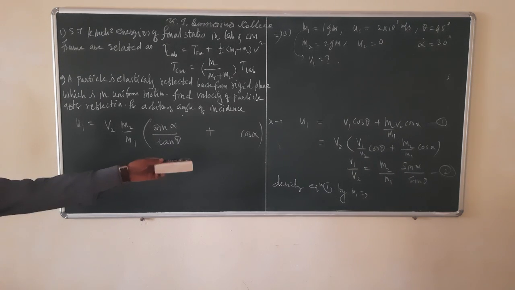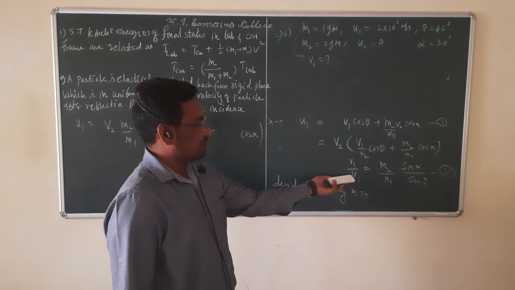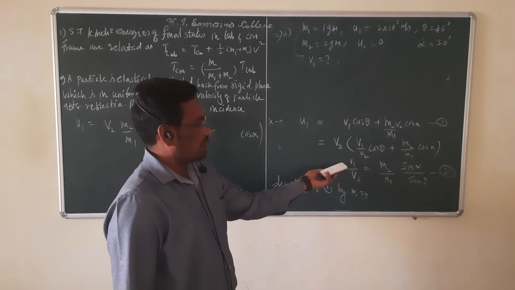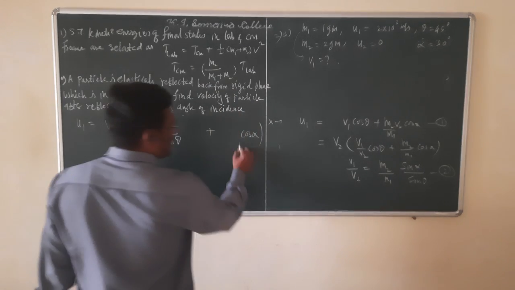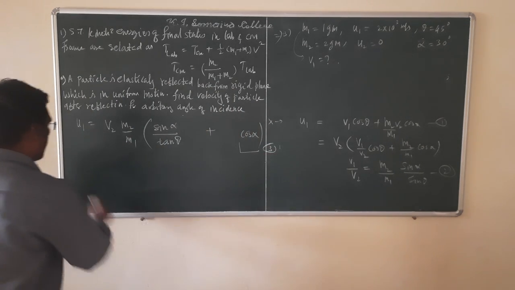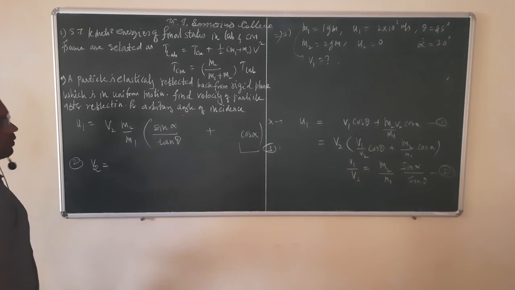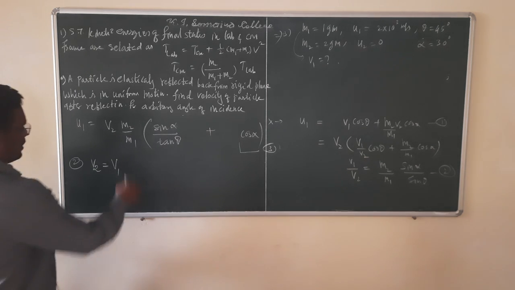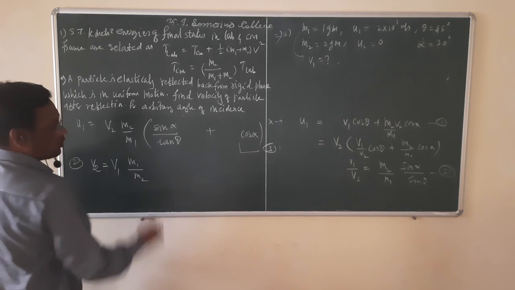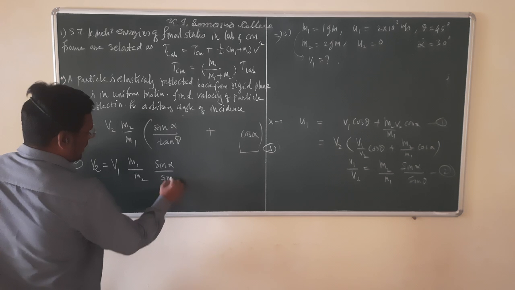Now v2 is equal to, from this equation, call this equation number 3. Now from equation 2, v2 is equal to v1 multiplied by m1 upon m2 sine alpha upon sine theta.